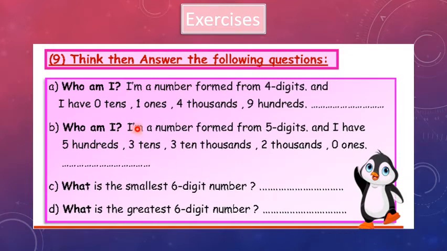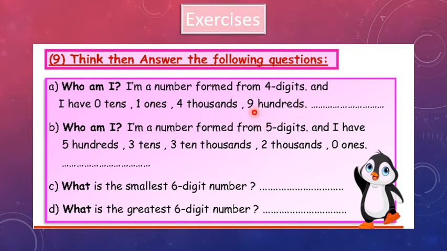Last exercise here. Think, then answer the following questions. First of all, you must read the question very carefully. Who am I? I am a number formed from 4 digits. Then the highest place value here is thousands. And I have 0 in the tens place, 1 in the ones place, 4 in the thousands place, and 9 in the hundreds place.